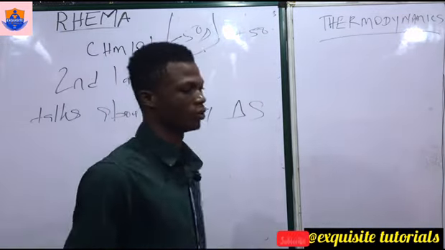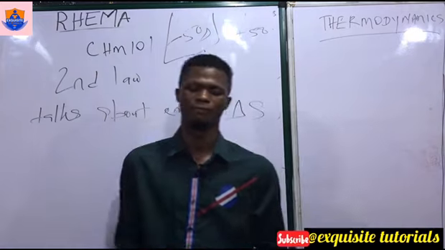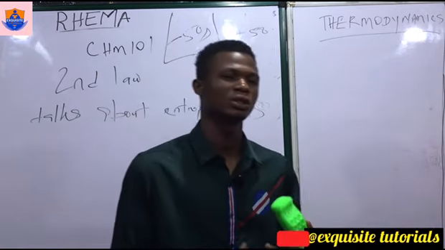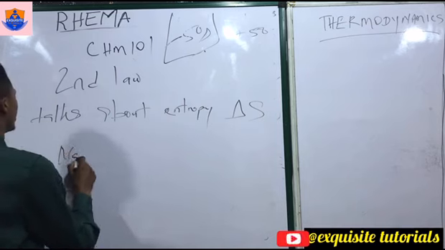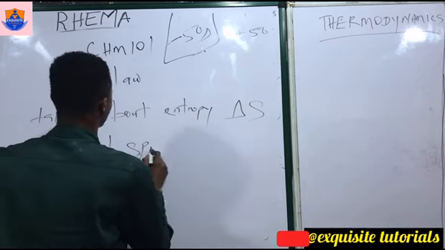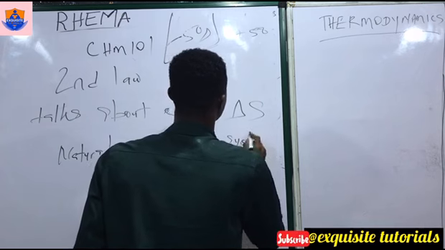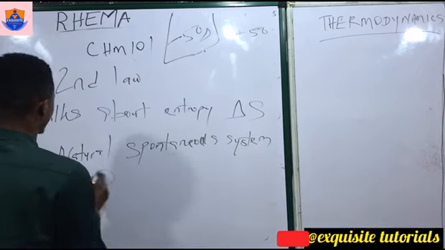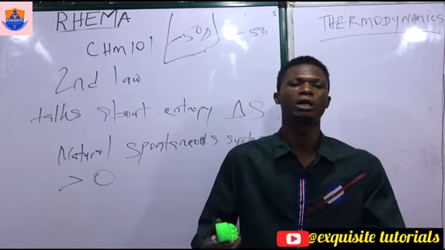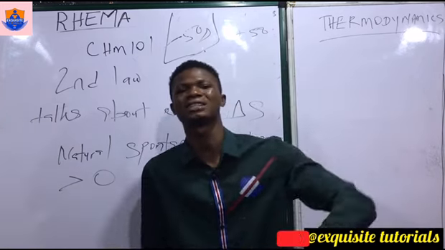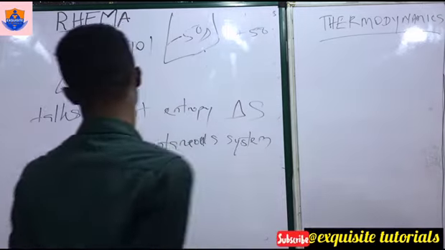The second law of thermodynamics makes us understand that a natural spontaneous system has entropy greater than 0, which is to say that a natural spontaneous system has a higher level of entropy.